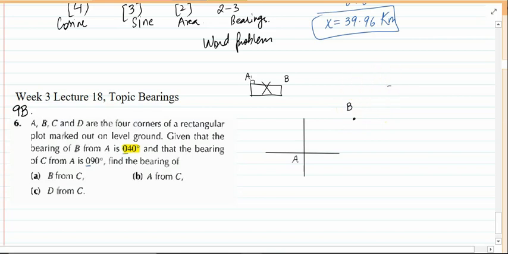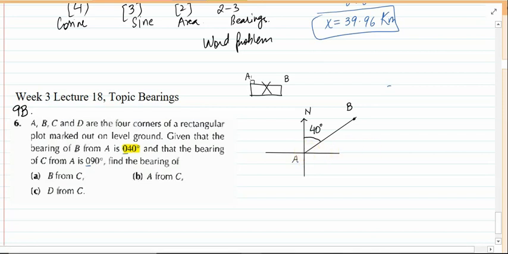We know the bearing of B from A is 40, that means this angle is 40 degrees from the north of A. After that the bearing of C from A is 90, so point C must lie on a straight line.